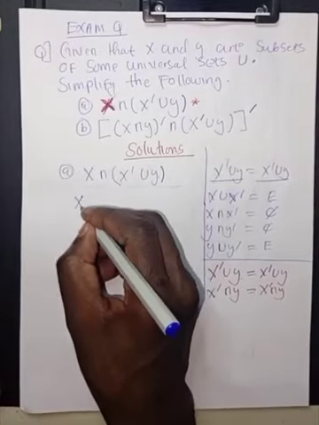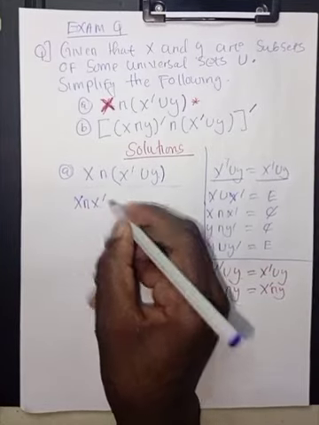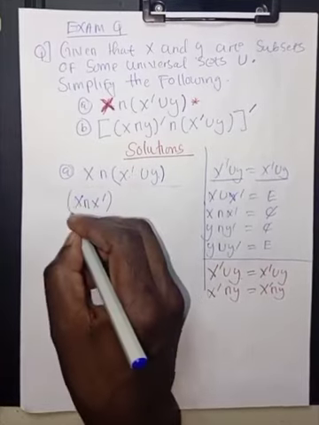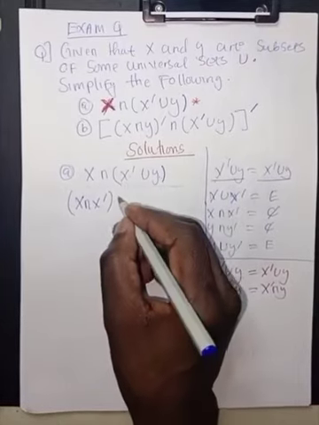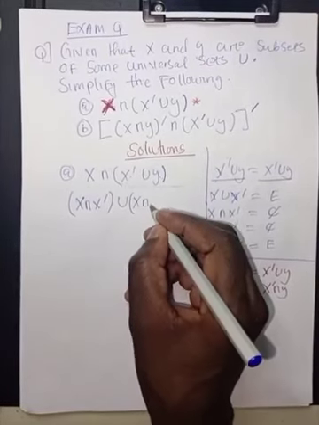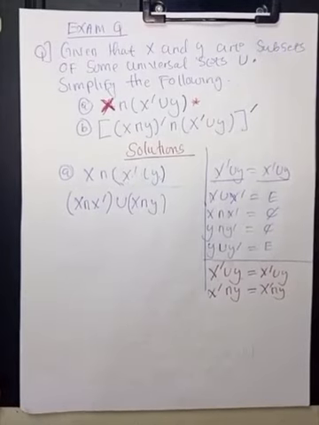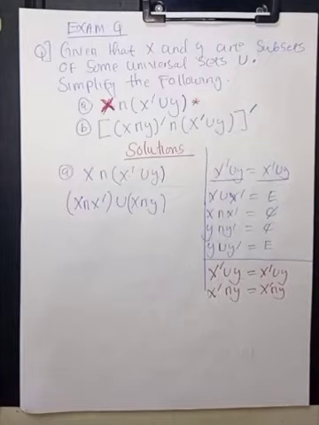So this can be X intersection X complement, which is inside here. We put brackets. Then the separating symbol is union. Again, X intersection outside, then Y, which we have there. Meaning this is what we have done here.